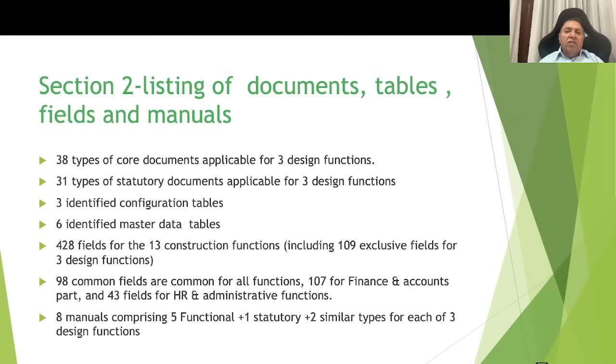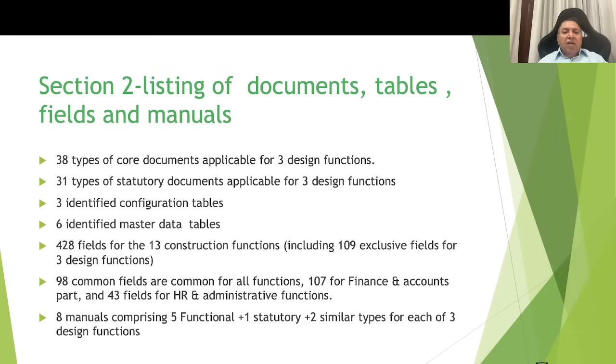Section 2 includes the list of documents and tables and fields in manuals which are relevant to that function. In our case, in the case of design function, 38 types of core documents, 31 types of statutory documents, 3 identified configuration tables, 6 identified master data tables.